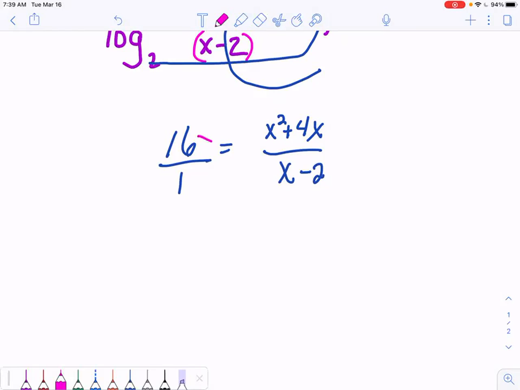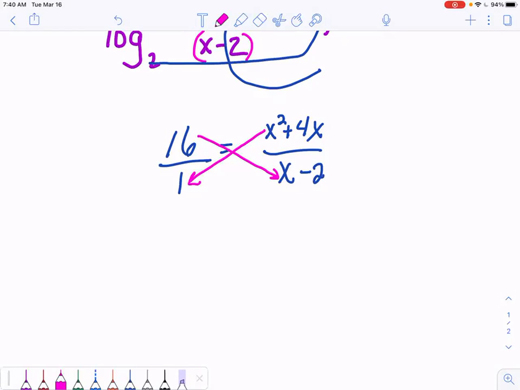So if you take 16 and multiply across to the x minus 2 and the x squared plus 4x across or diagonal to the 1. That's how you take a proportion, which is what this is called, and get it out of fractional form.